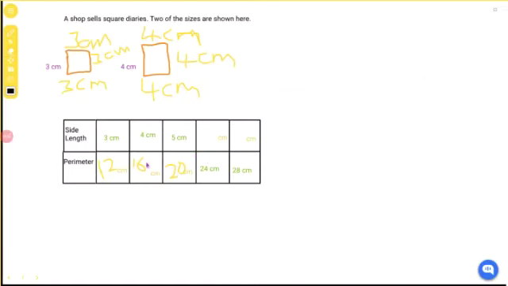Okay, so now if we go back up, we need to look at the side length. So can we see a pattern here? Okay, so if you look here, you have 12, and we know we're doing our 4 times table, so 12 to 16 we have to count 4, and then 16 to 20 we have to count 4.